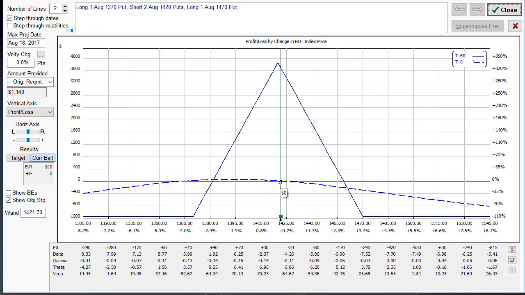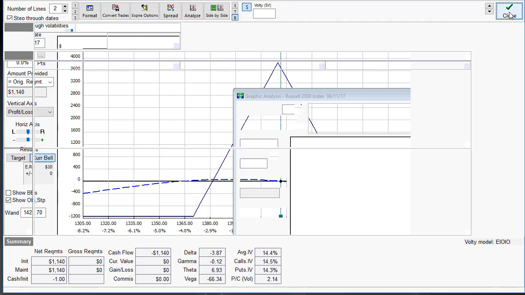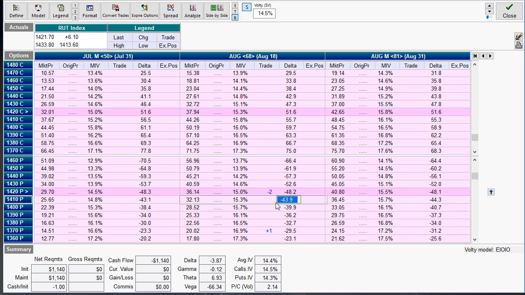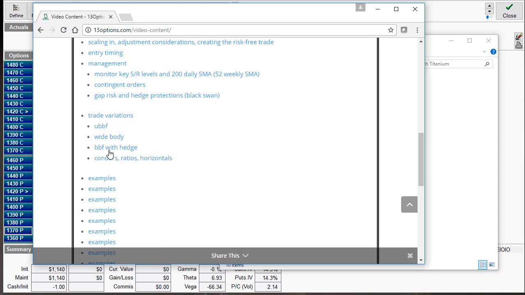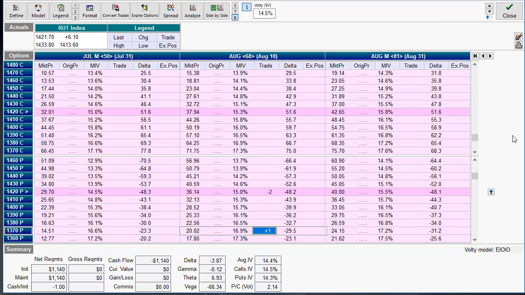And so I don't like that delta negative starting point. And so if we're going to use the wide body butterfly approach, the way to show that is with the in the money call hedge, which is the next one right here that we're going to talk about, balanced butterfly with a hedge.